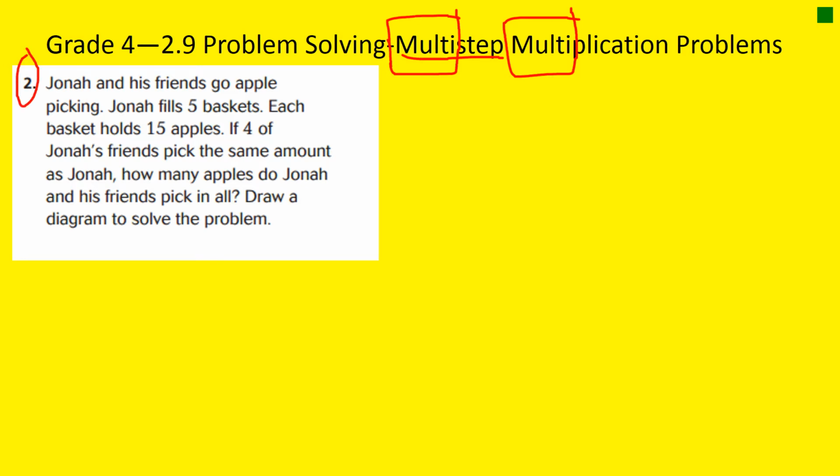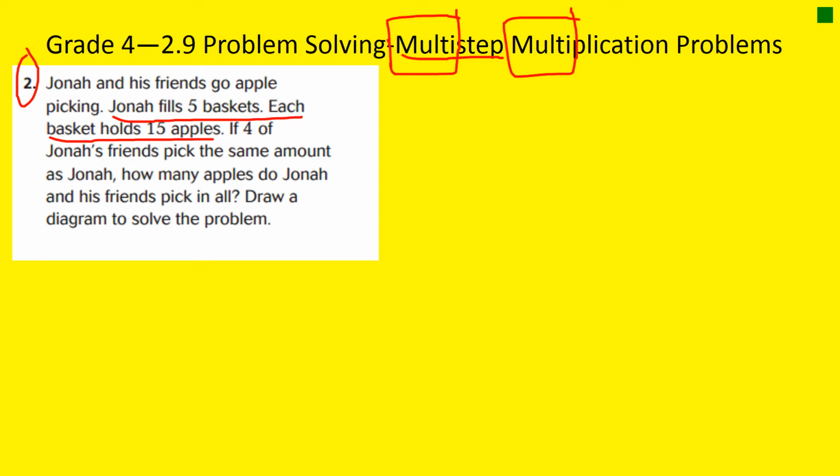We're on number 2. Jonah and his friends go apple picking. Jonah fills 5 baskets. Each basket holds 15 apples, okay? That seems like something we need to know there. 5 baskets, each with 15 apples.